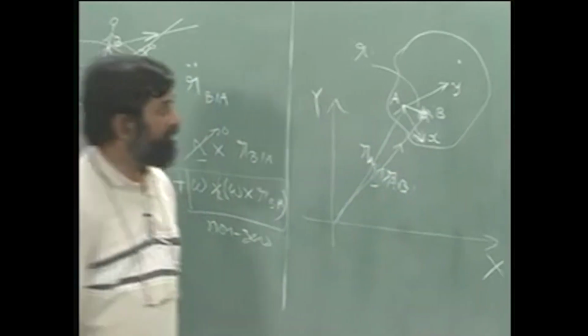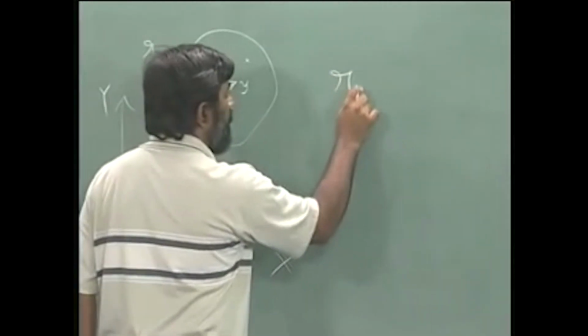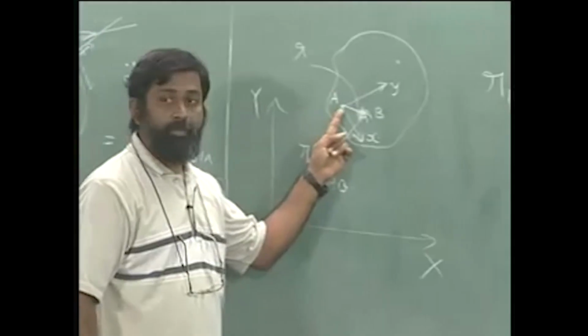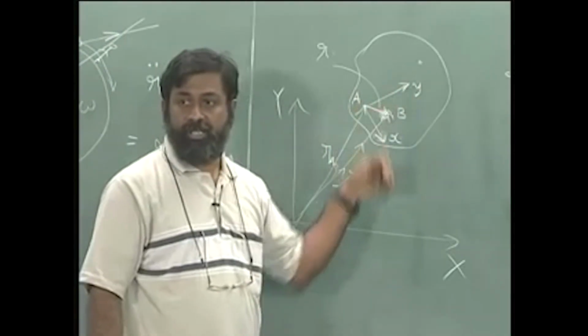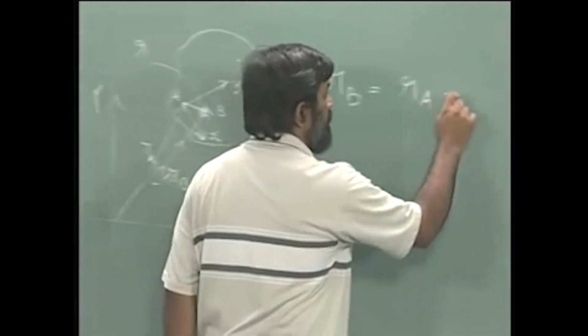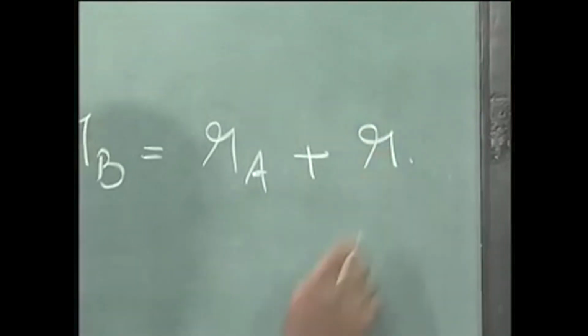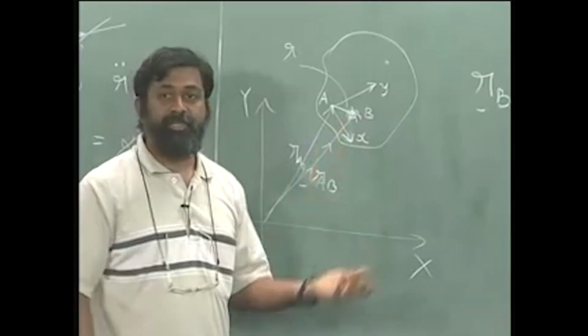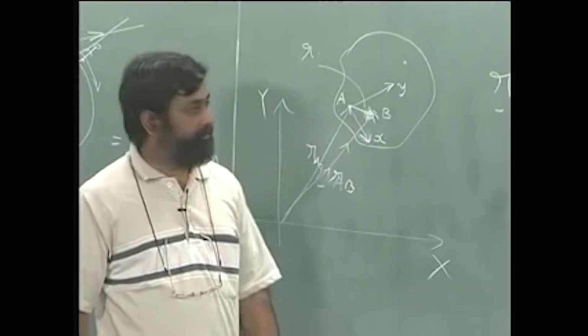Like what we have done, how do I find out RB? RB is given by RA, which is the location of the point at which we have fixed the axis, plus R. And what is R? R tells me the location of this particular insect, okay.